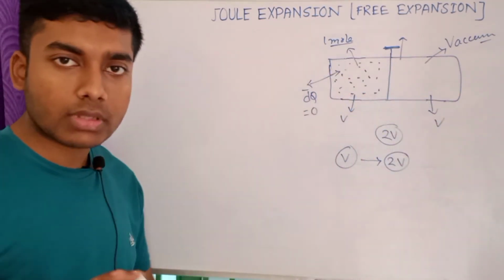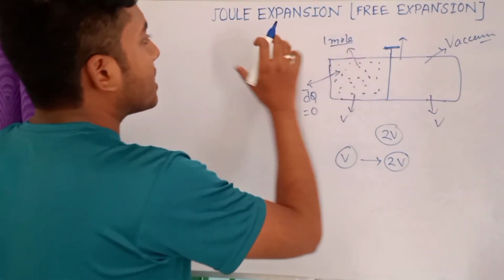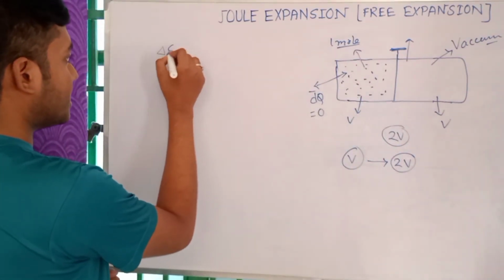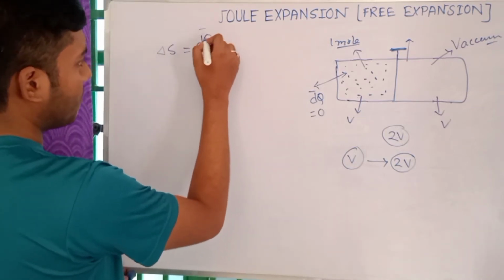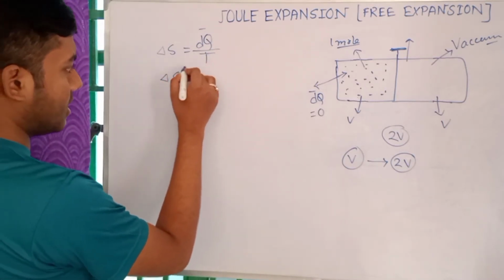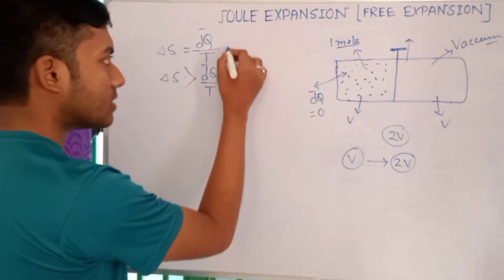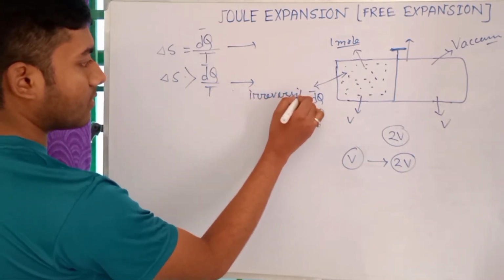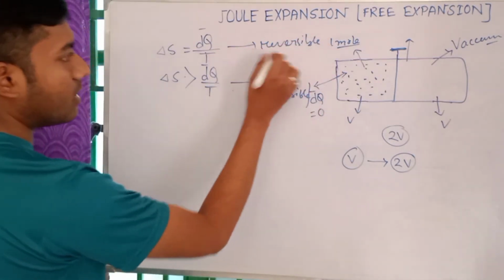I think that you all know what an irreversible process is. So what will be the change in entropy? Now we know that del S is equal to d bar Q by T for a reversible process, and del S is greater than d bar Q by T for an irreversible process.